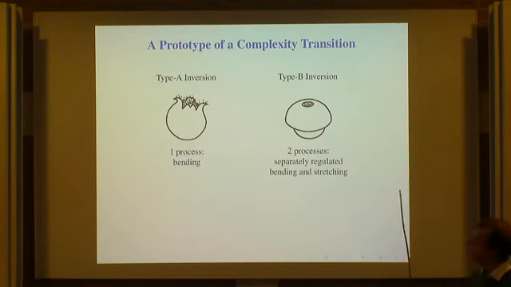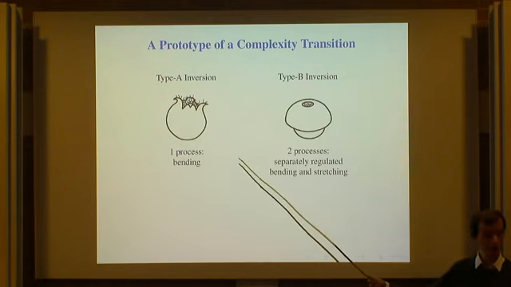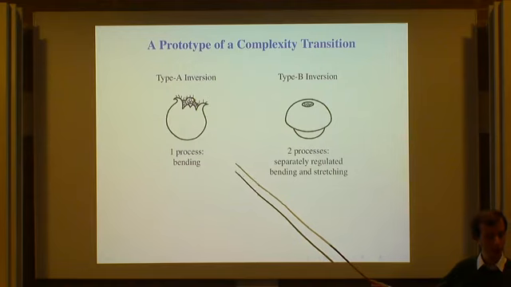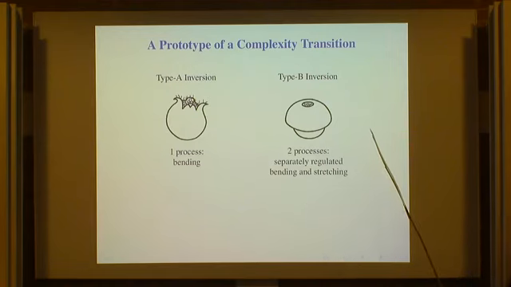And here we seem to see the same sort of complexity transition in development. We have processes, the development of which requires a single process of bending, and we have organisms in which we have two separately regulated processes of bending and stretching.